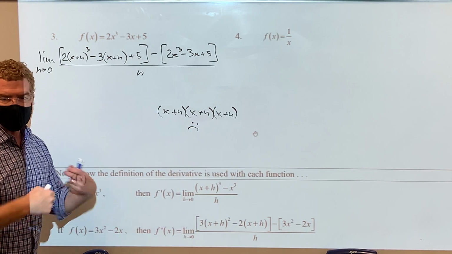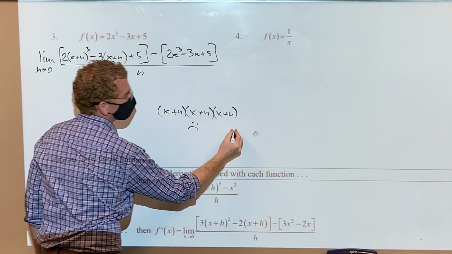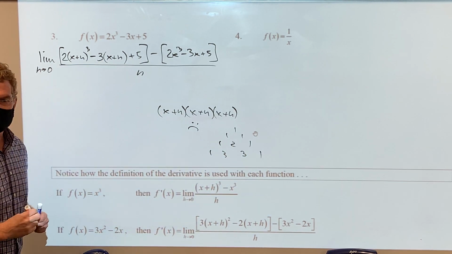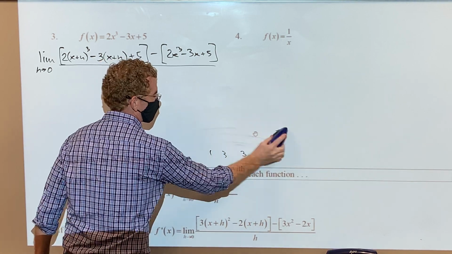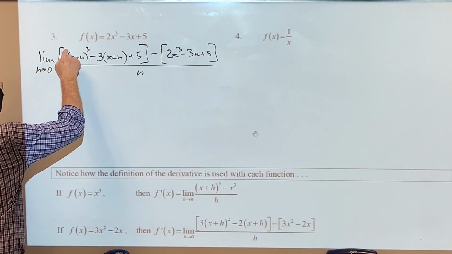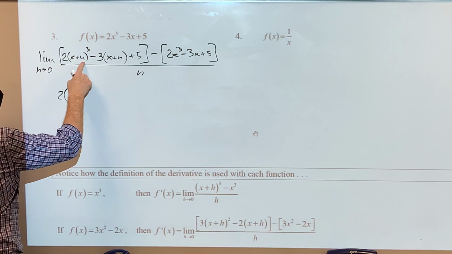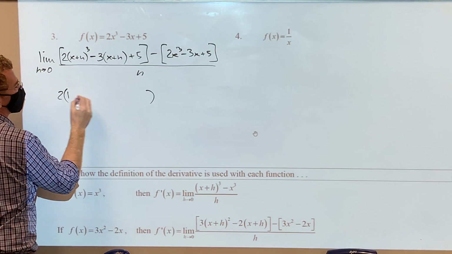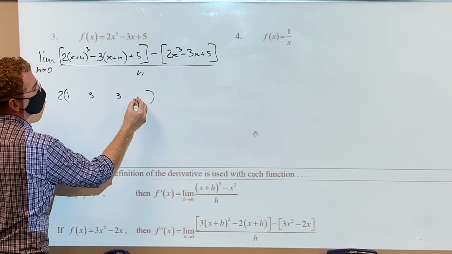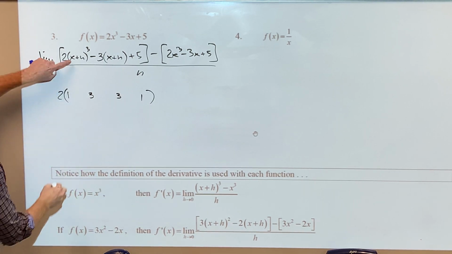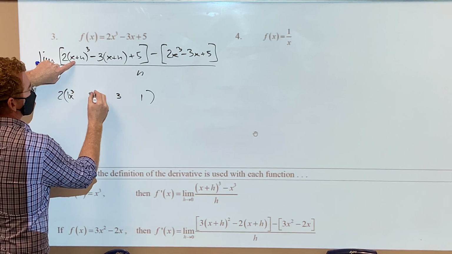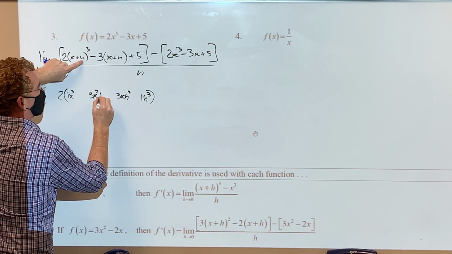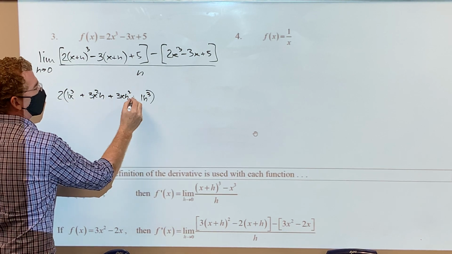But what I know is Pascal's triangle on the row goes 1, 3, 3, 1. So I am going to do this instead. I am going to copy the 2 down, and that binomial cubed ends up giving me 1, 3, 3, 1 coefficients, and then it goes x cubed, x squared, x, no x, and then h cubed, h squared, h, and no h, and then all positives.